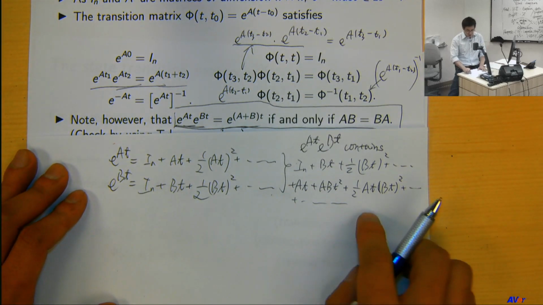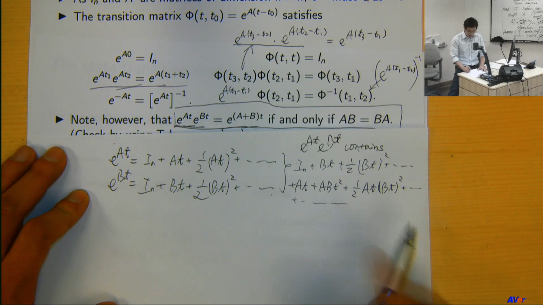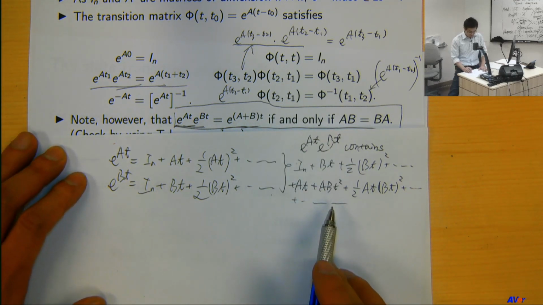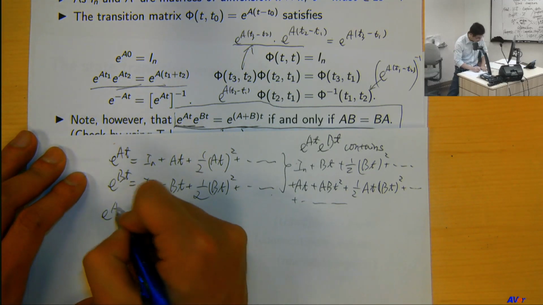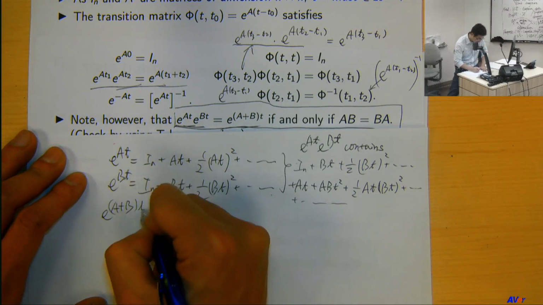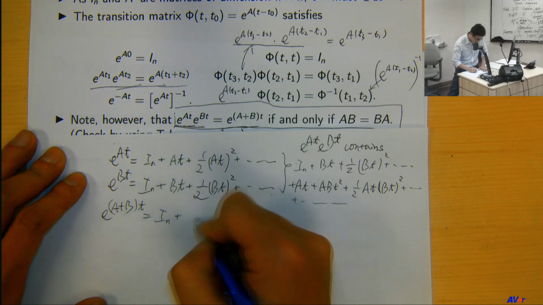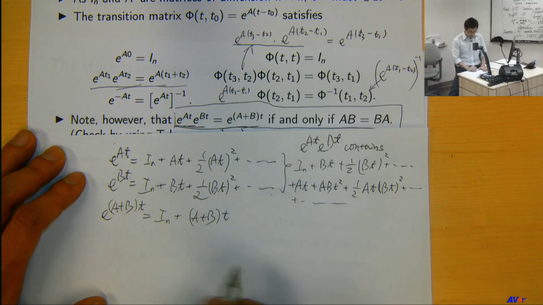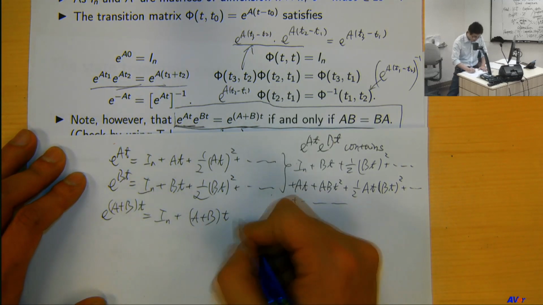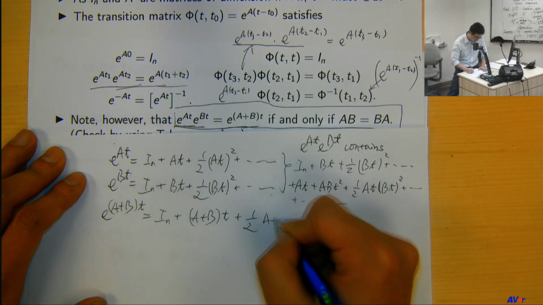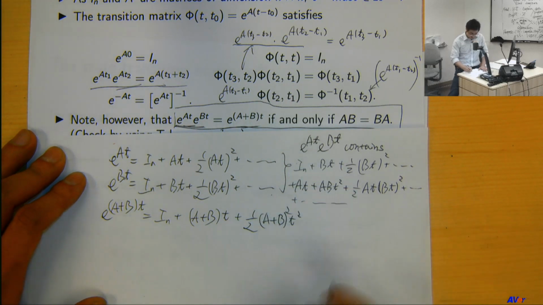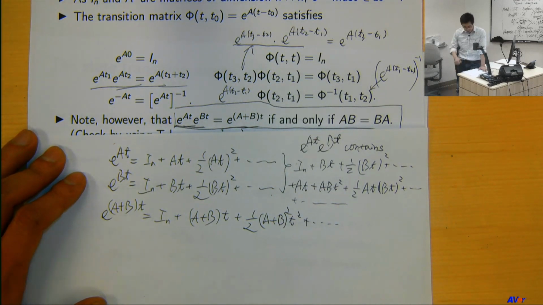So this will be sufficient to make my point. This is, by definition, how they should look. Now, on the other hand, e^((A + B) t) equals I plus (A + B) t, just from the expansion, right? Treat this as a whole, plus half of (A + B) squared t squared, and etc. All right.